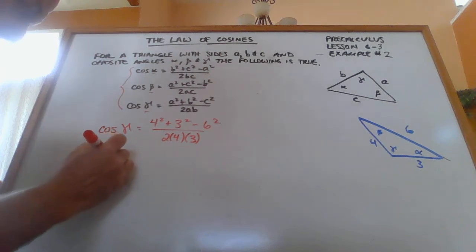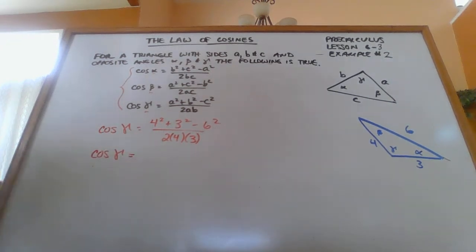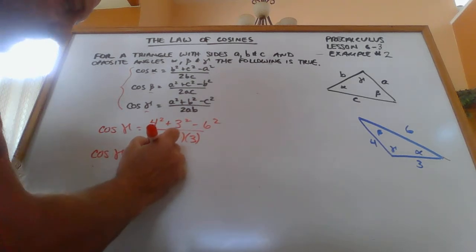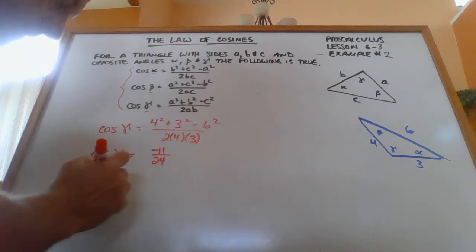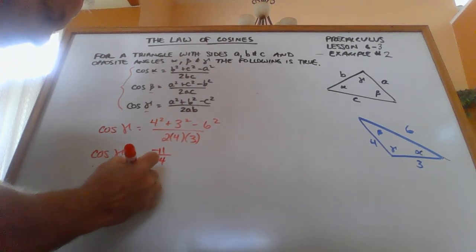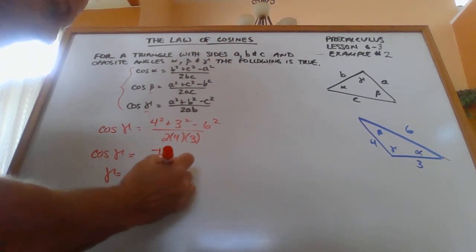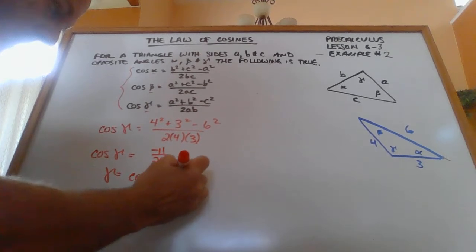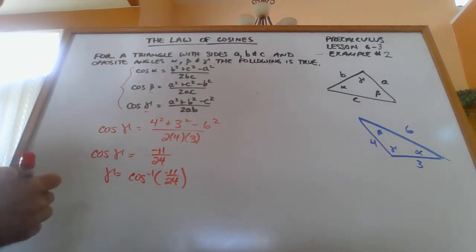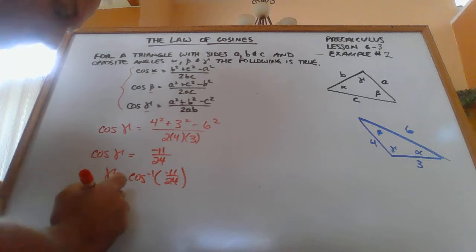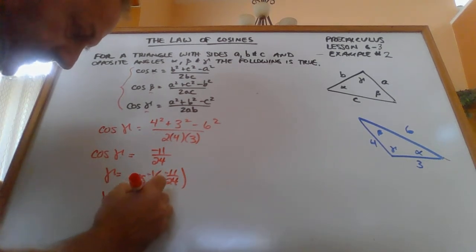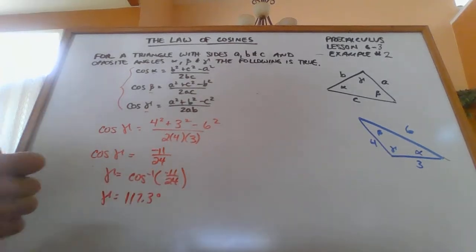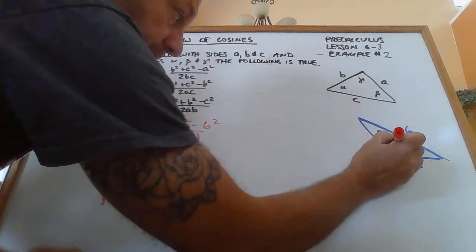And so cosine gamma comes out to be negative 11 on the top, and 24 on the bottom. And then I arc cosine that. Make sure you're in degrees too. And then I get 117.3 degrees. So that's going to go here.